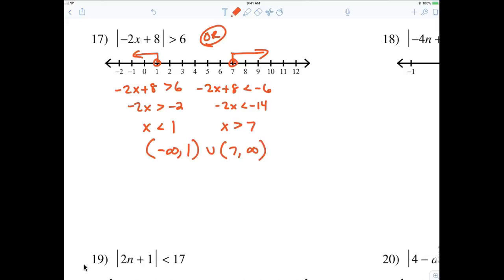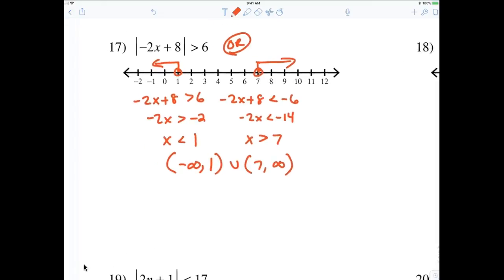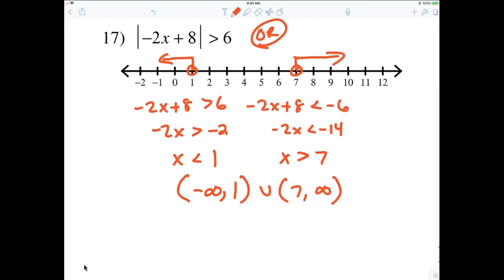Connor, you happy with that? Yeah, everything is, I'm still hung up on the infinity sign. Okay, so listen, let me show you what helped some of my kids. Watch. Over here is negative infinity. Do you understand that? And over here is what?